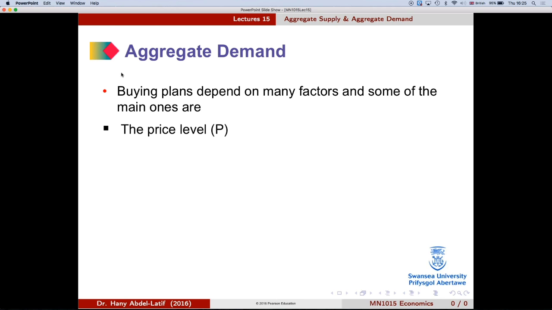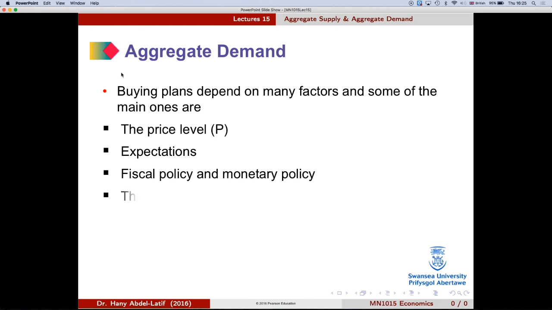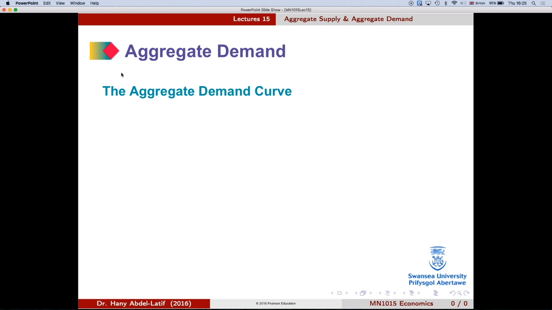So these are the factors that will determine the plans coming from all these sectors to buy goods and services: price level, expectations, fiscal policy and monetary policy, and the world economy. So let's look at how the aggregate demand curve looks.